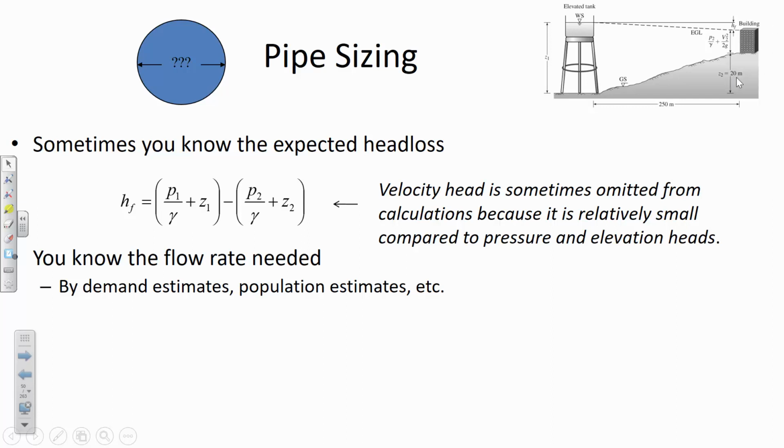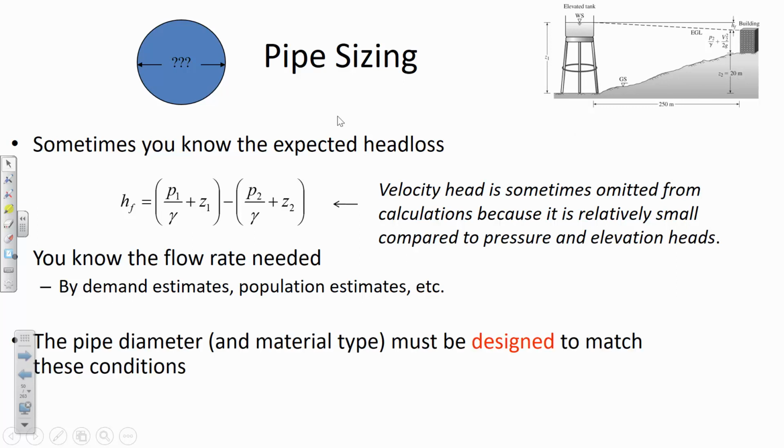So you've gone through some analysis that tells you the Q, and the pipe diameter that's required has to be designed to match the conditions. You want to make the pipe small enough that you save money. Making the pipe larger can still deliver the required pressure, but it's not economical.